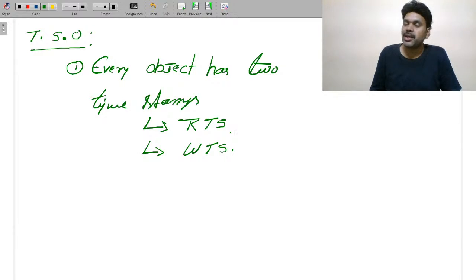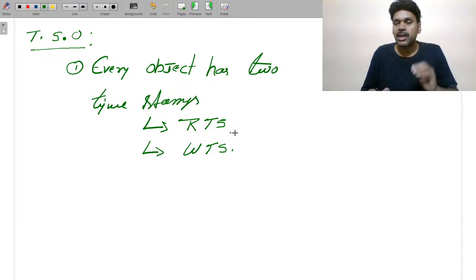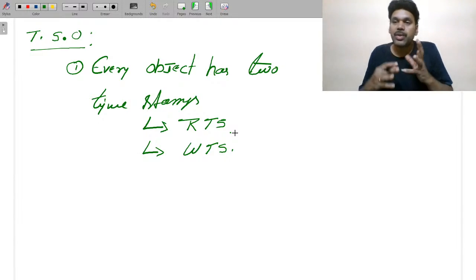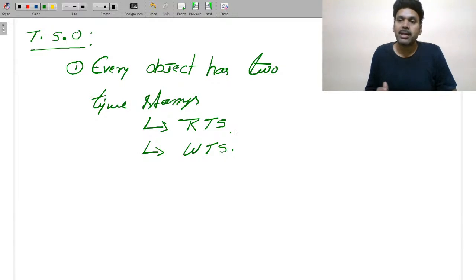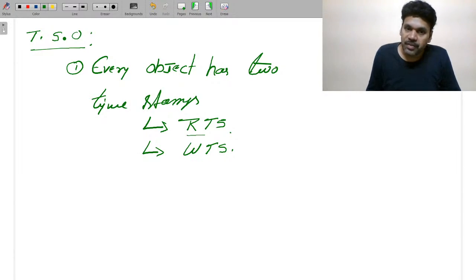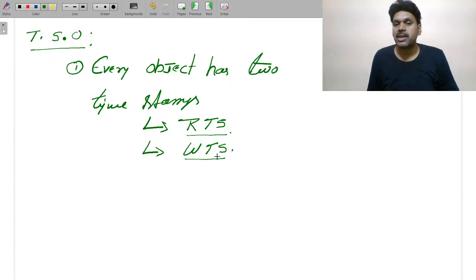Observe these points carefully, friends. However, you were confident in the last class on the concurrency control mechanism. This is also very similar. You will be very happy after solving the few problems which I kept at the back end of this presentation. So every object has two types of timestamps, RTS and WTS.